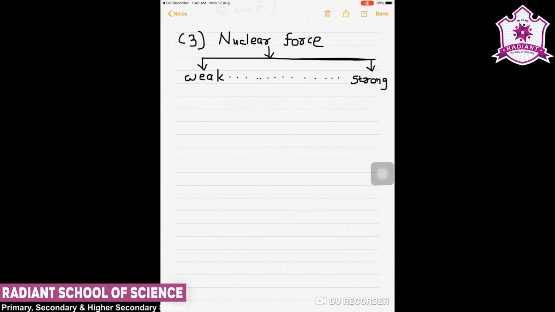That means they generally act in the region of 10^-14 meter to 10^-15 meter.